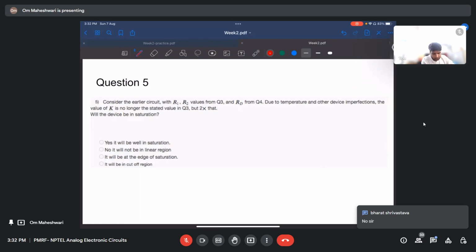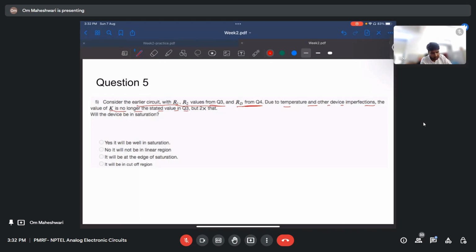Next question. Again, consider the earlier circuit with R1, R2 values from Q3, RD values from Q4. Due to temperature and some other imperfections, the K is no longer the stated value in Q3.